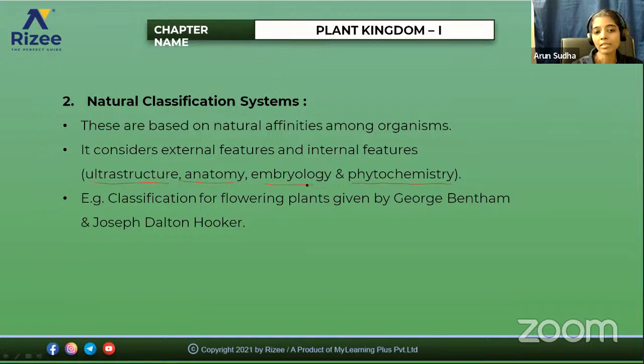The example for the natural system of classification is the classification of the flowering plants, angiosperms, by George Bentham and Joseph Dalton Hooker.